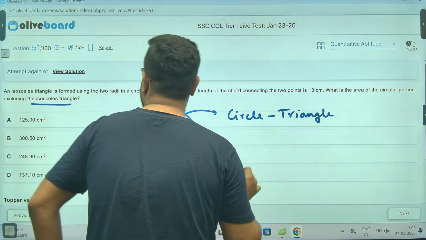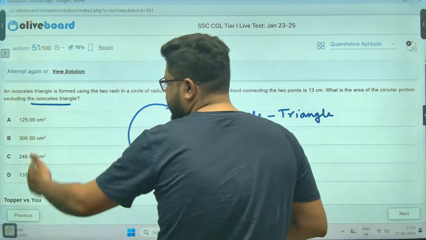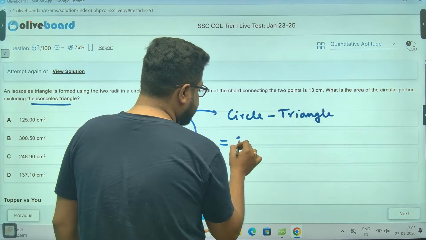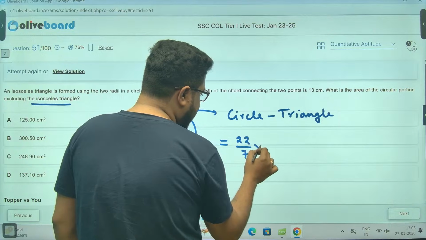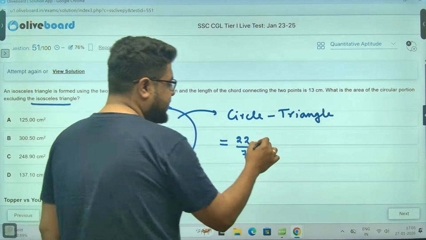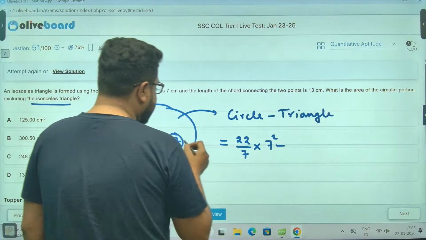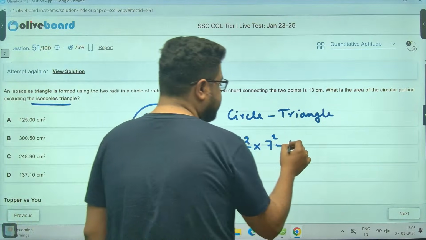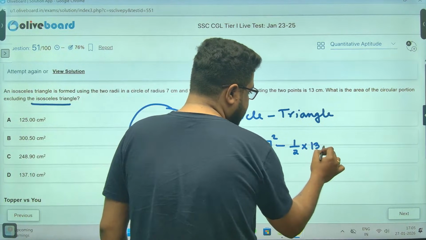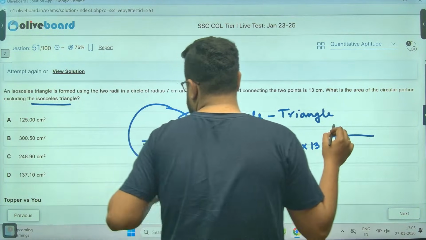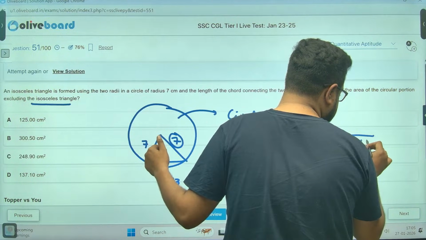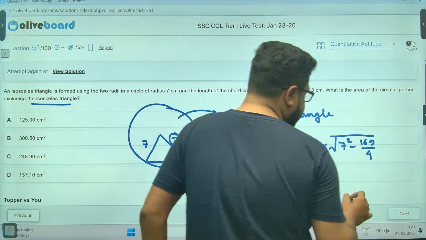It's very simple. Area of the circle, and there is no pi in the options, so pi is 22 by 7 into r square, where the radius is 7, so 7 square, minus the area of this isosceles triangle. Half into base, which is 13, into the height, which is root of 7 square minus base by 2 whole square, meaning 13 square, 169, divided by 4.